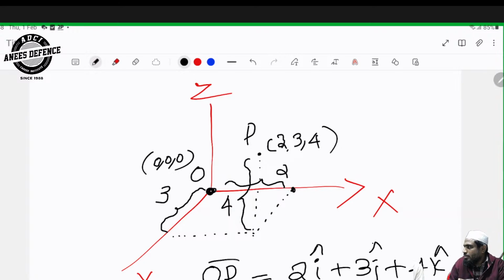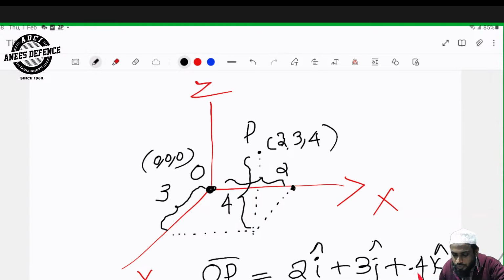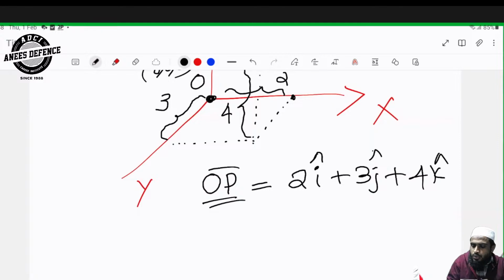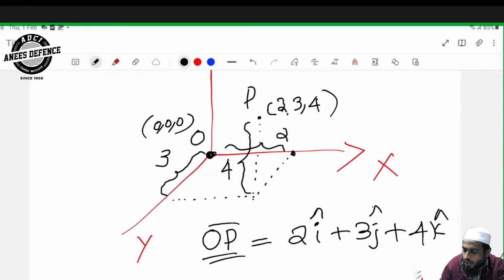So what is the x component? 2. What is the y component? 3. What is the z component? 4. So I have a vector OP. The component of the vector along the x direction is 2, y direction is 3, and z direction is 4.